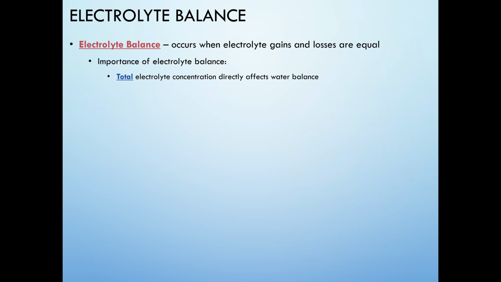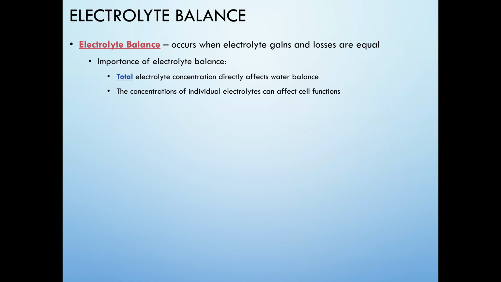The concentrations of individual electrolytes can also affect cell function, so it's important for each individual electrolyte to be in balance as well. We're going to pay close attention to sodium and potassium because they are the major contributors to the overall osmolarity of both the ECF and the ICF, and they directly affect the normal functioning of all cells.